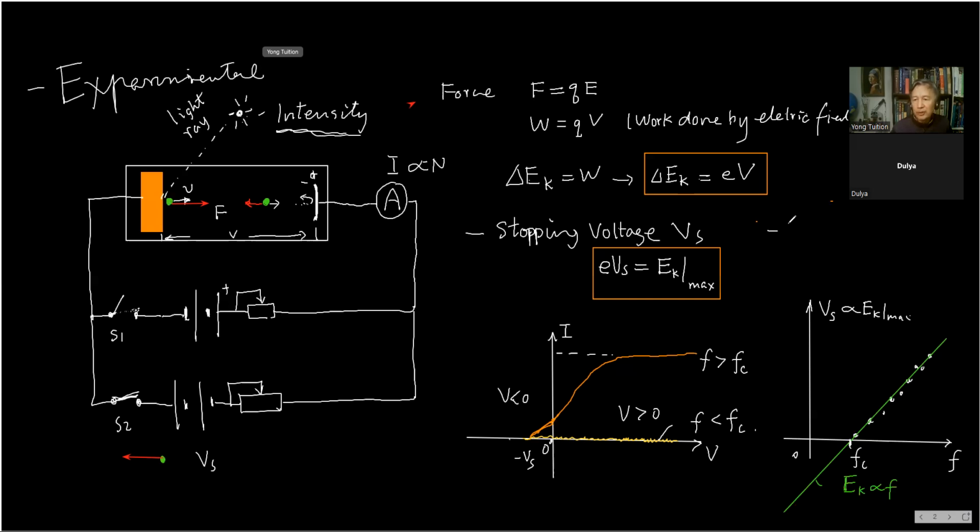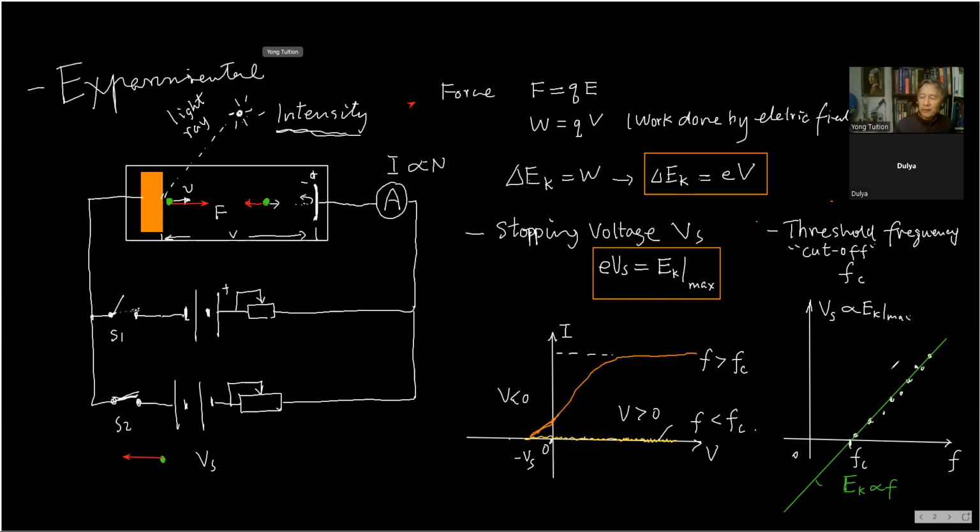They call it the cutoff frequency, also the threshold frequency. When the phenomenon disappears, they call it the cutoff. Some textbooks call it the cutoff frequency. I use FC.